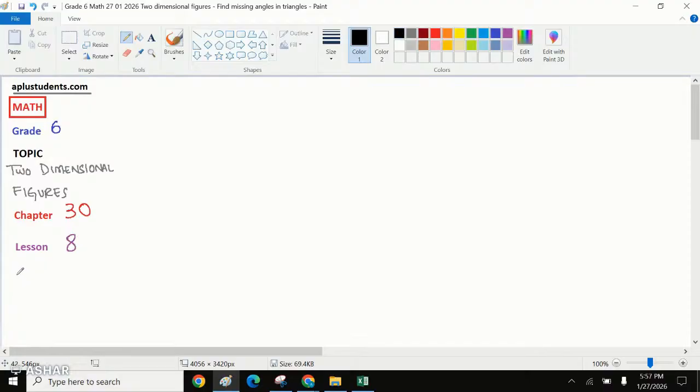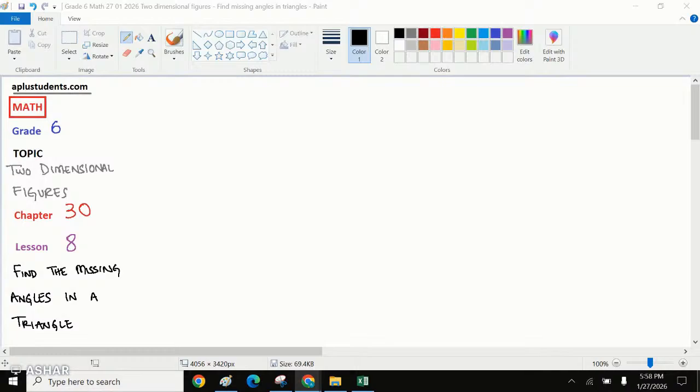The name of the lesson is Find the Missing Angles in a triangle. Okay, let's go to grade 6 math, two-dimension topic, chapter number 30 and lesson number 8.